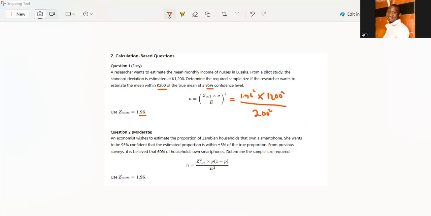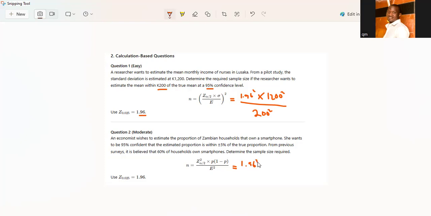The next question here: an economist wishes to estimate the proportion of households that own a smartphone. Plans to be 95% confident that the proportion will be within plus or minus 5% of the true proportion. From previous surveys, it is believed that 60% of the households own smartphones. Determine the sample size required. So what is our Z at 95%? 1.96. So we put 1.96 squared.